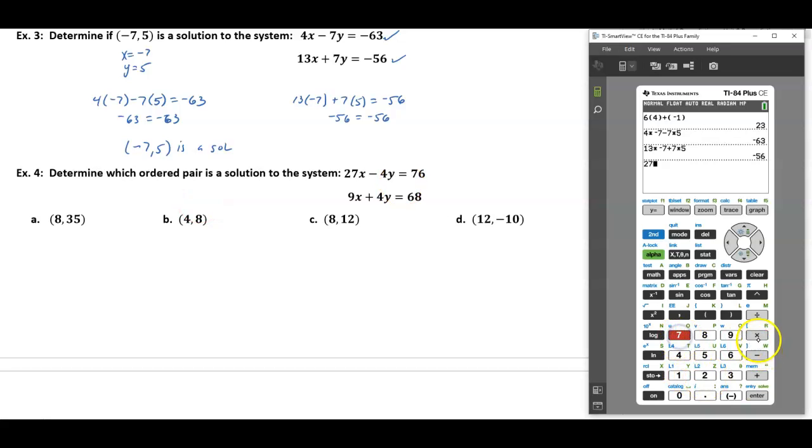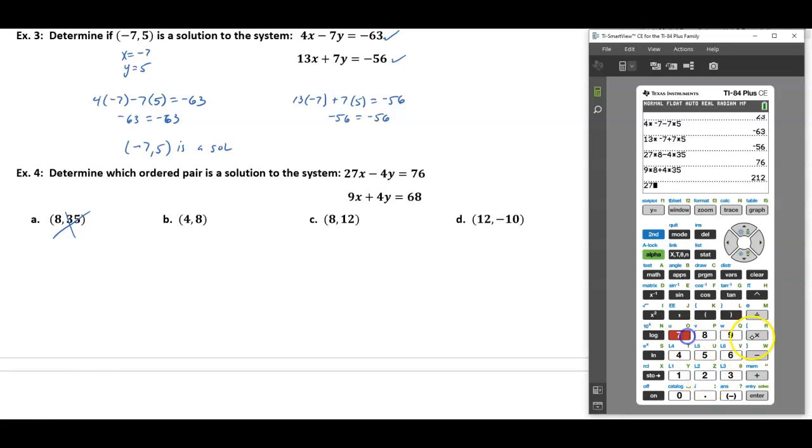So it's 27 times 8 minus 4 times 35. Does that equal 76? So the first one checks out. Now we'll check the next one. Does 9 times 8 plus 4 times 35 equal 68? No.